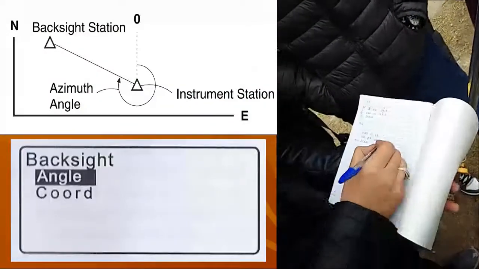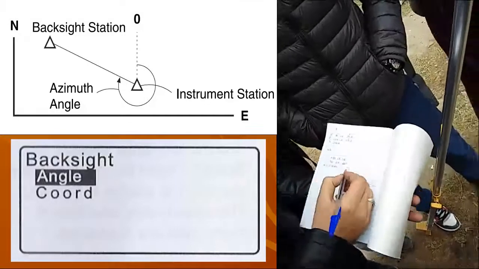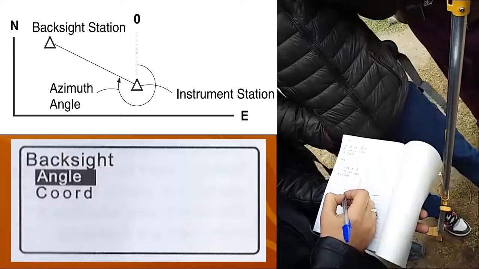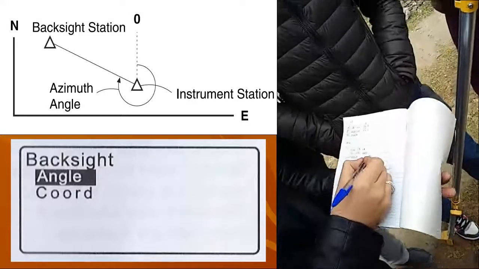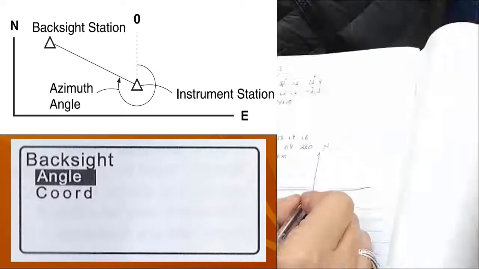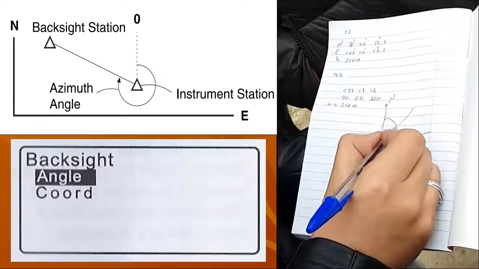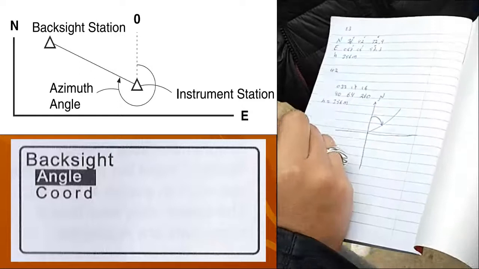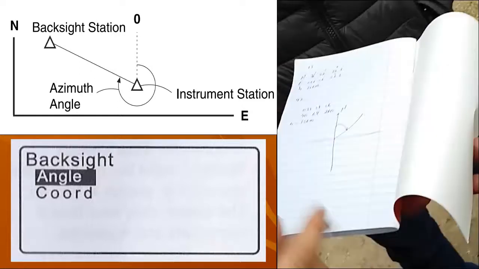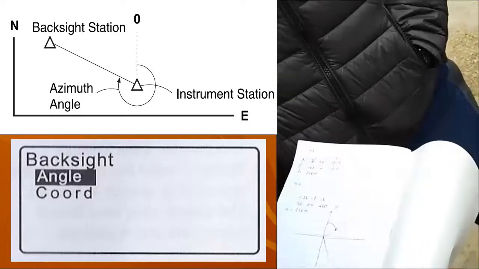For backsight by angle, we need a specified angle which is called the azimuth angle. The azimuth angle is a clockwise angle which is formed between the north and the backsight station.